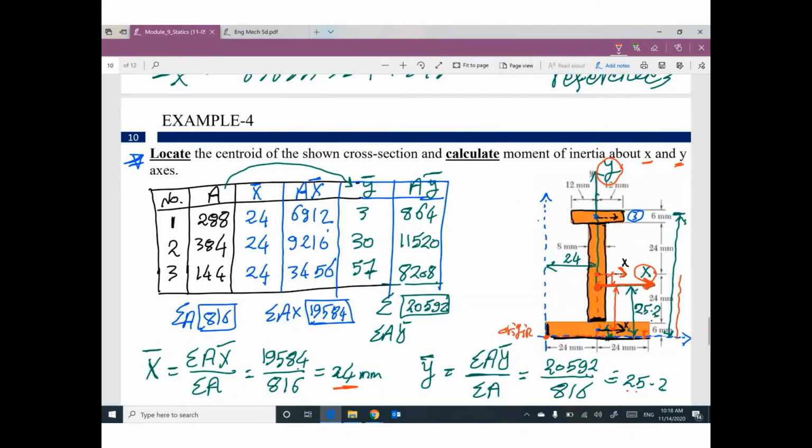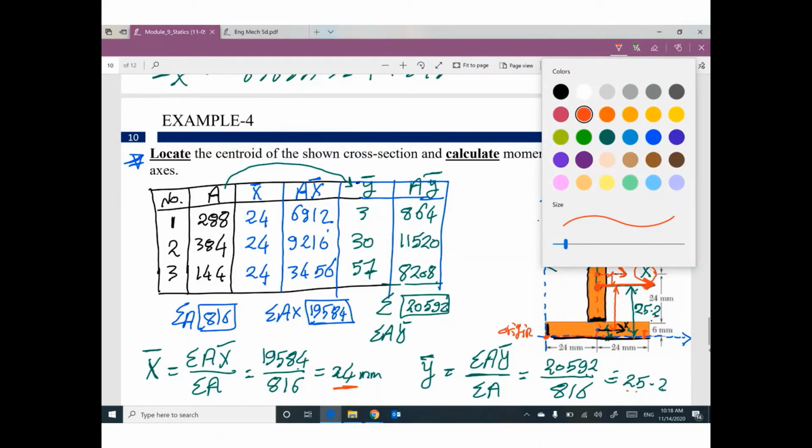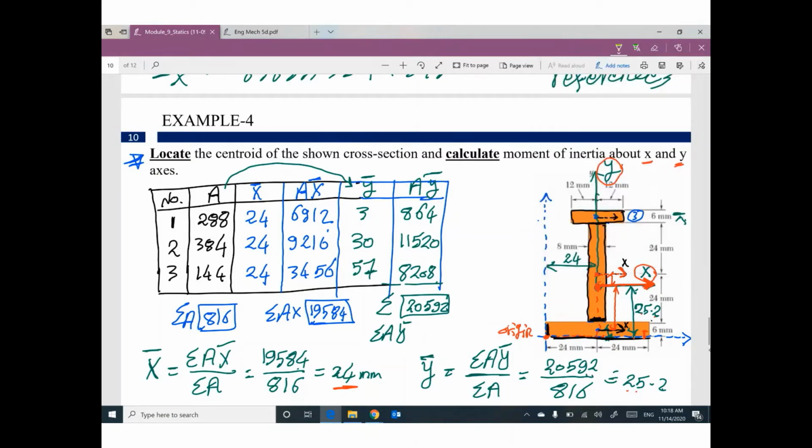Okay, guys, one more time what I did here. The vertical distance between this centroid and the bottom, 30. The vertical distance between the actual x-axis and the bottom, 25.2. If you subtract these two numbers, you can get the little distance here.